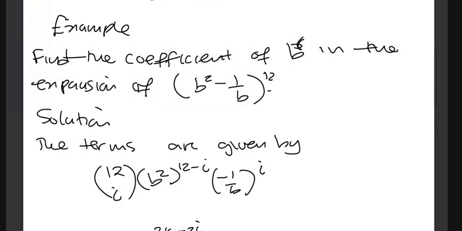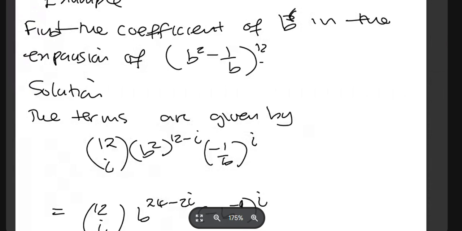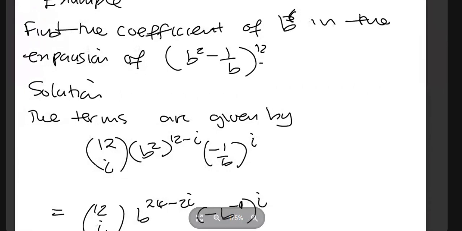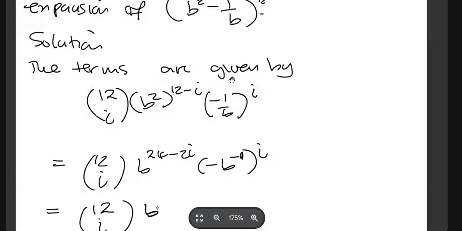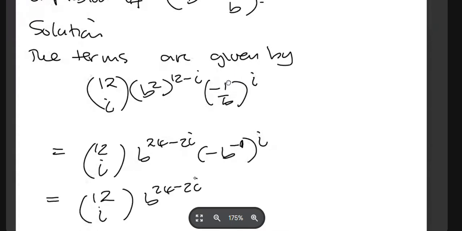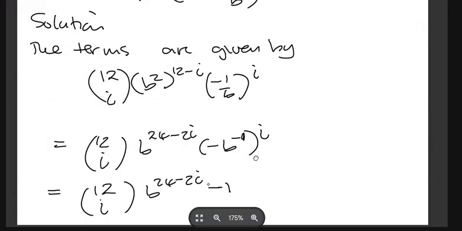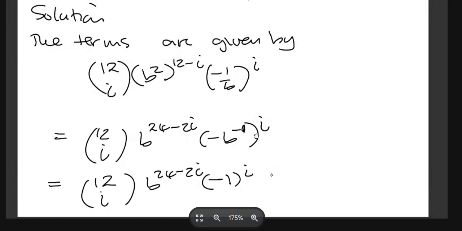We've multiplied there, then negative b raised to the power negative 1, then I. If you like, you can split them nicely by saying 12 choose I, then b raised to the power 24 minus 2I, then negative 1 raised to the power I, then b raised to the power negative I.